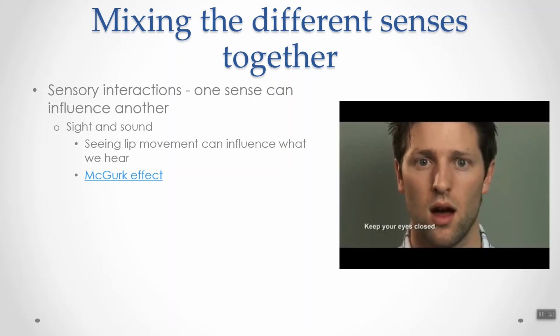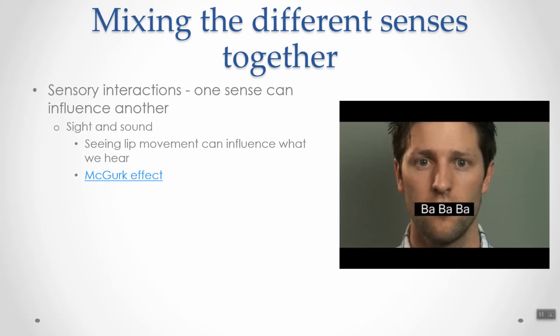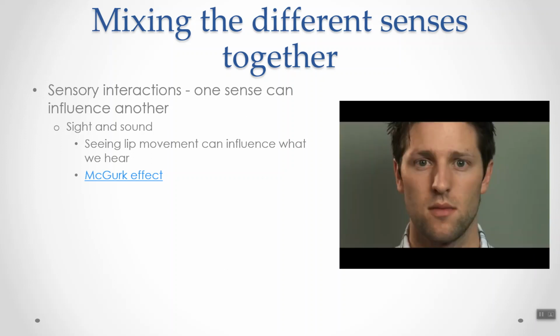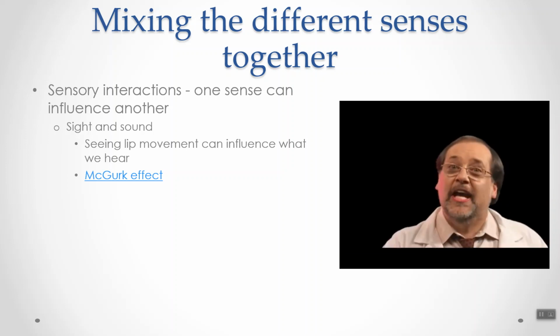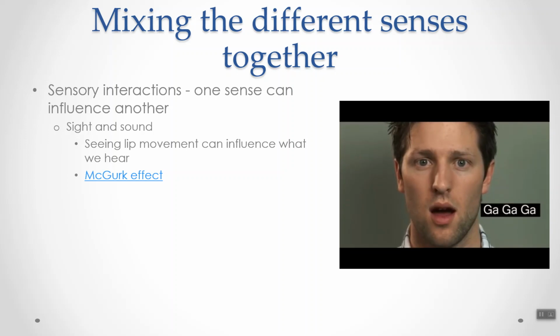Ba, ba, ba, ba, ba, ba, ba. The voice is saying ba, ba, ba. Now, let's replay it without the sound. Yes, it's true. His lips are saying ga, ga, ga.